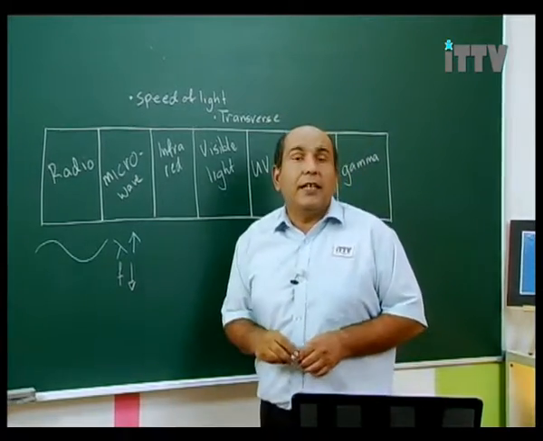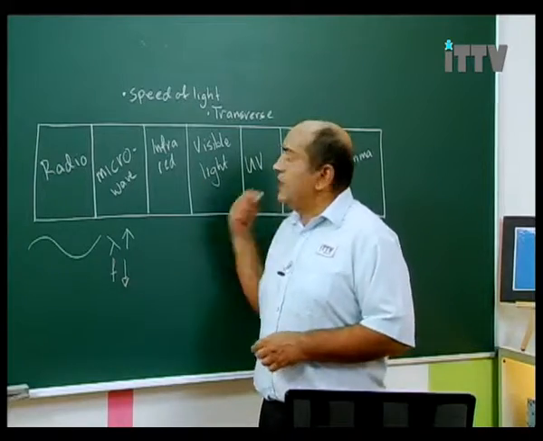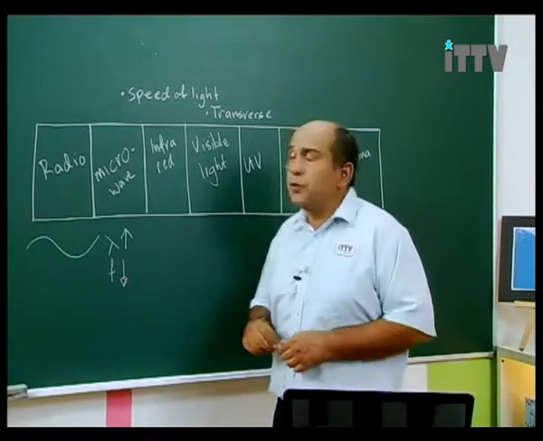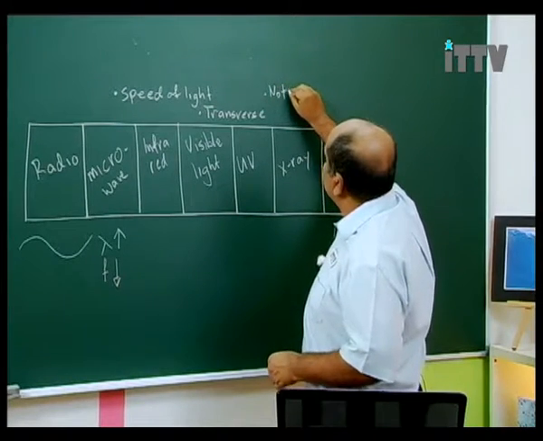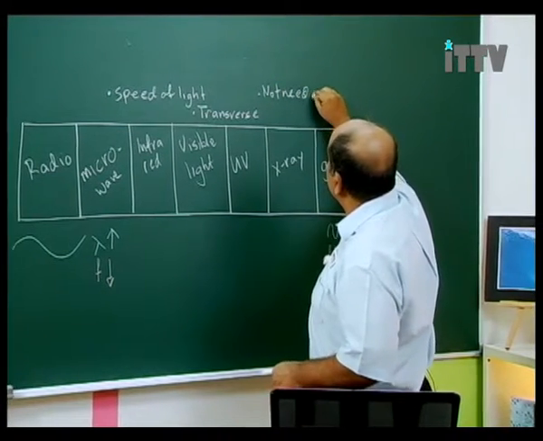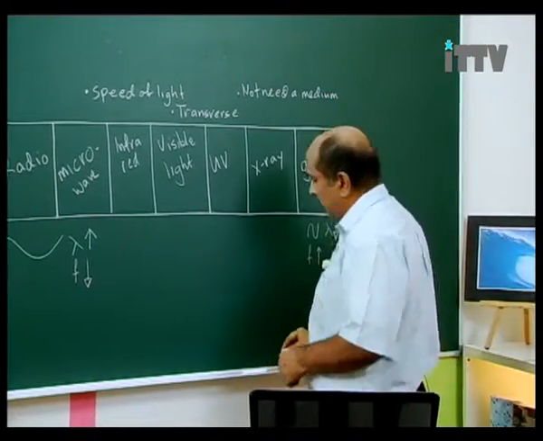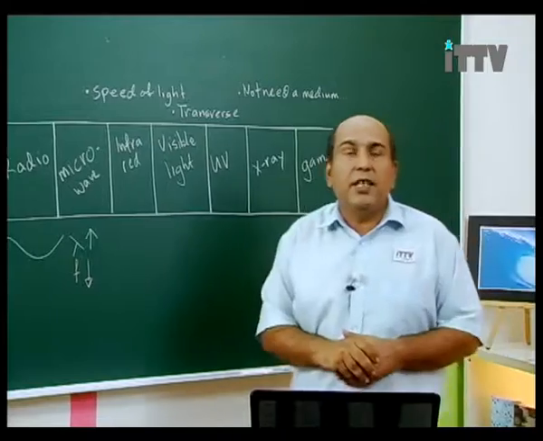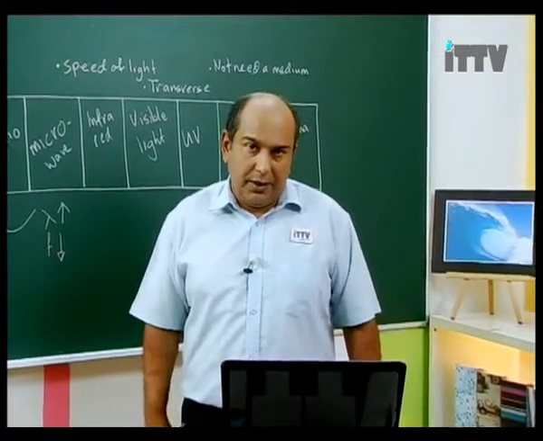And finally, they do not need a medium to propagate, meaning that all of these waves can travel in a vacuum. And like all waves, they will transfer energy from one area to another area.